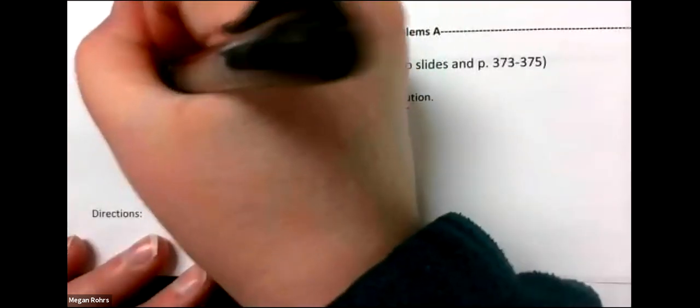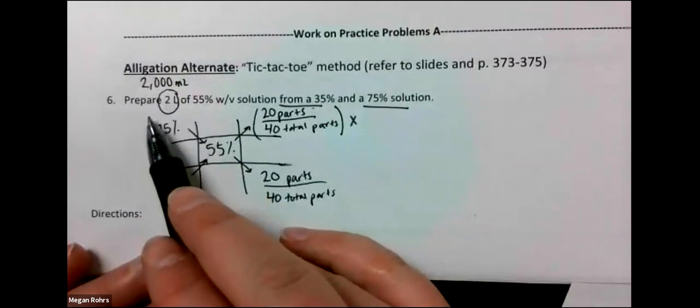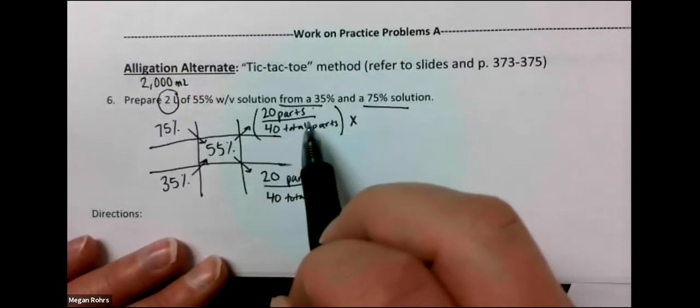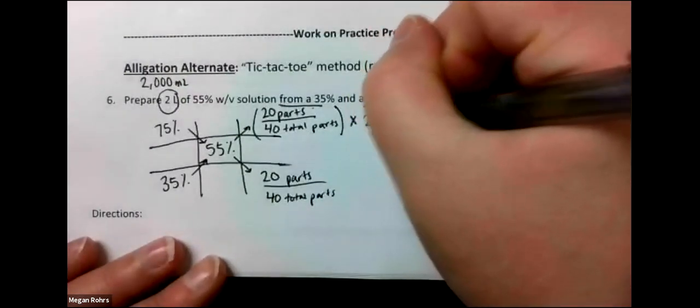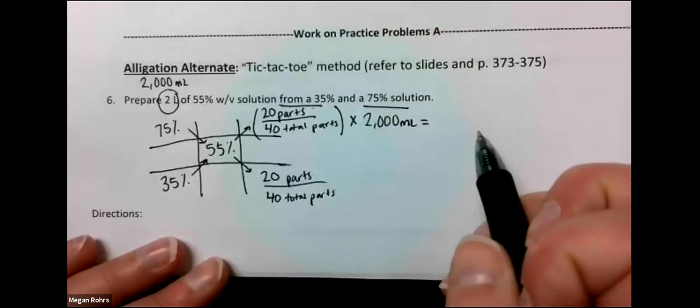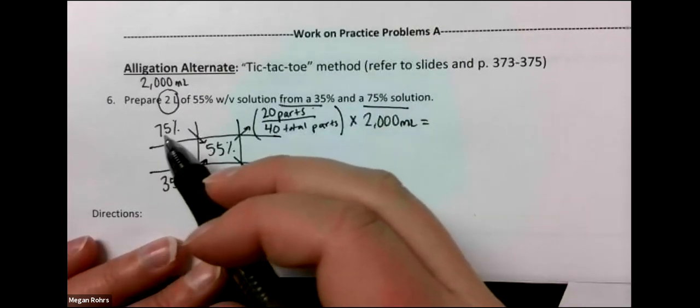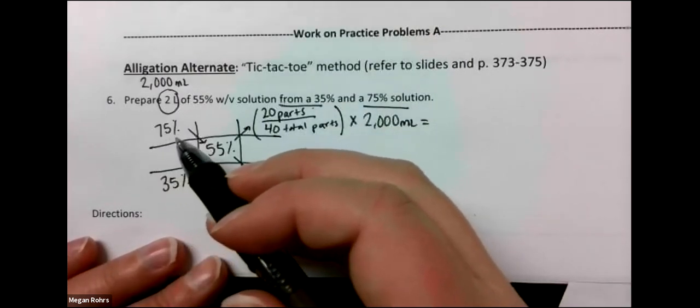So 2 liters is equal to 2,000 milliliters. I'm going to take this equation here times 2,000 milliliters. And this answer is going to give me how many milliliters of a 75% solution I need to use.